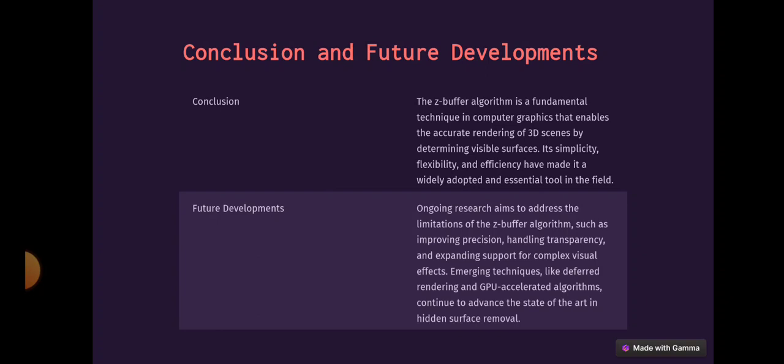Basically, those are the future developments that come with the Z buffer algorithm. All of this works with hidden surface removal for us to view, create, or enhance with that technology, and to understand how it works behind the scenes to give us the output with such beautiful things and such 3D images.